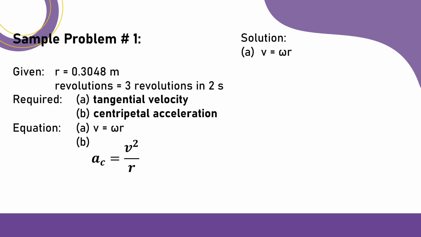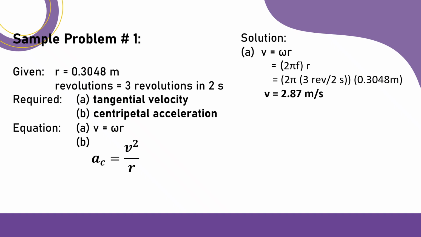First, to get the tangential velocity, we have 2πf multiplied by r. Now we simply use the pi value in our scientific calculators. So we input 2π and then 3 revolutions divided by 2 seconds. That would be our frequency. And we multiply this with the radius. Therefore, the tangential velocity of the wheel is 2.87 meters per second.